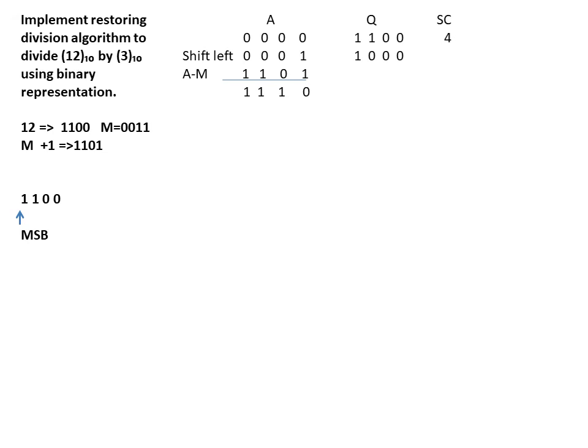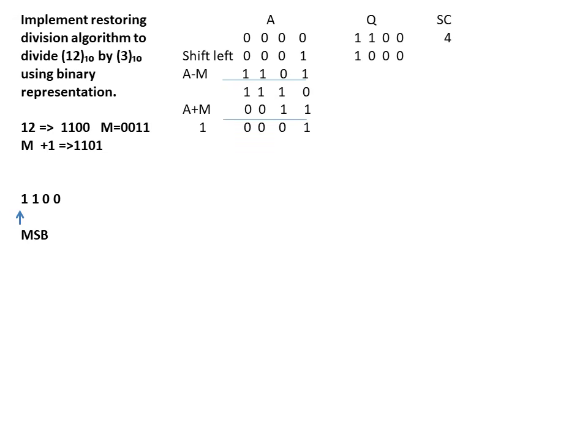The most significant bit of the result is 1. So we have to perform A plus M. When we perform A plus M, add the binary value of 3 to the A register content.